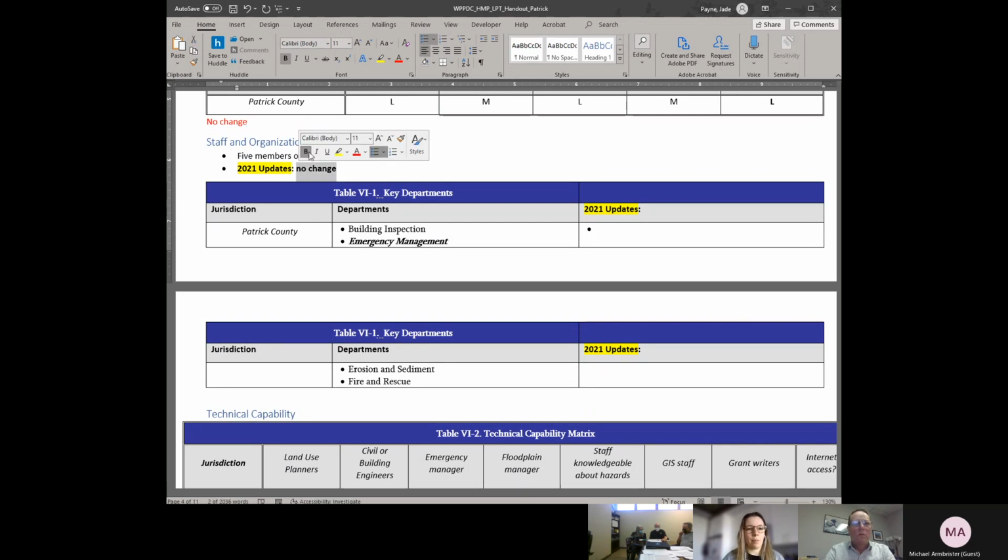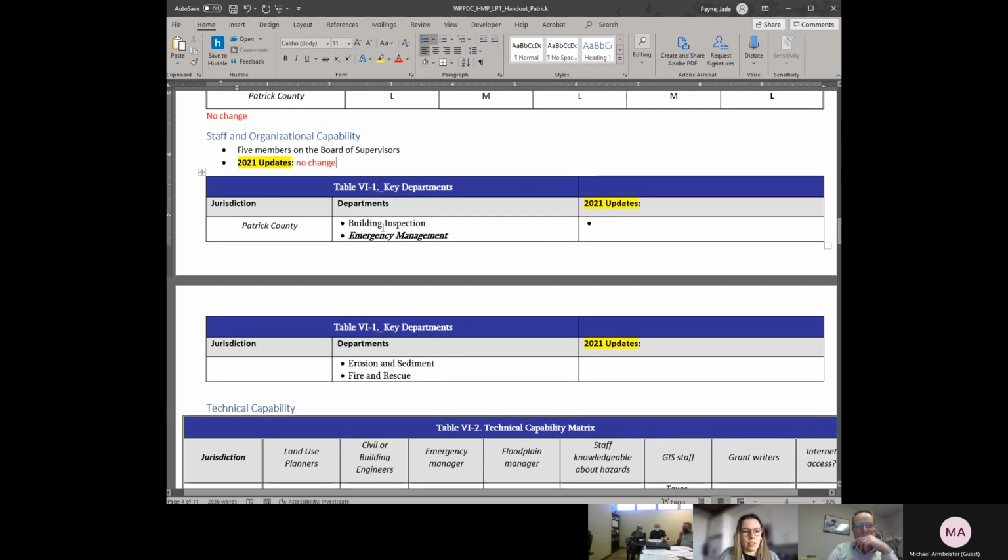Then it gets into some key departments that the county has listed: building inspection, emergency management, erosion and sediment, fire and rescue, and then emergency management being the department that handles hazard mitigation developments. Is that all still true? Has there been any reorganization or additions? Same. Same. Okay.